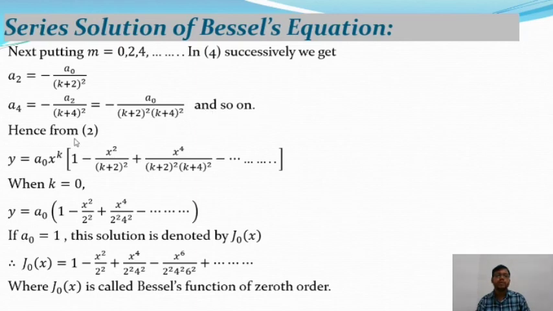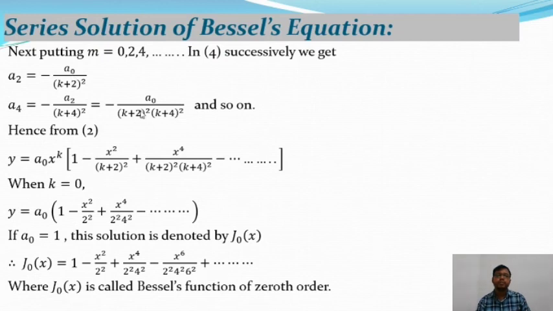So hence from equation 2, the required general solution of the given Bessel's equation is y is equal to a0 into x to the power k into [1 minus x square by (k plus 2) whole square, and so on]. Okay, after putting the values of a0, a1, a2, a3, a4, where a1, a3, a5, a7 are all 0, and a2 is equal to this, a4 is equal to this.